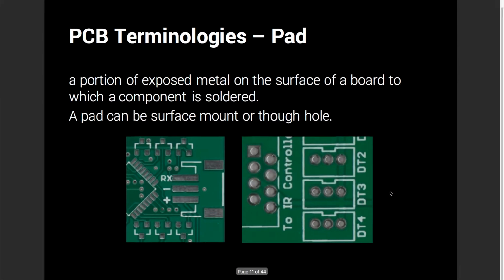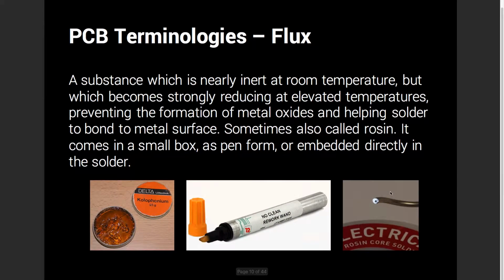Okay, PCB terminology: flux. Flux is a substance that is inert at room temperature, but becomes strongly reducing or corrosive at higher temperature. This prevents formation of metal oxide, which helps the solder bond to the metal surface.